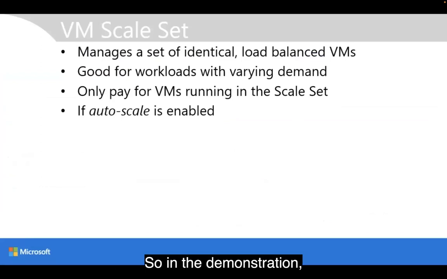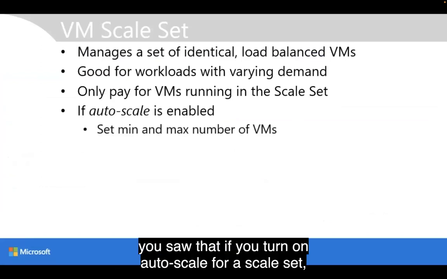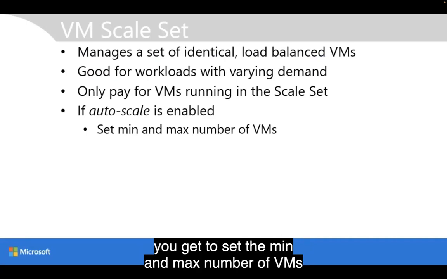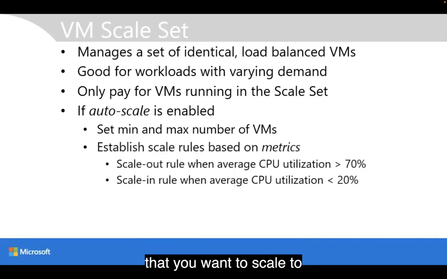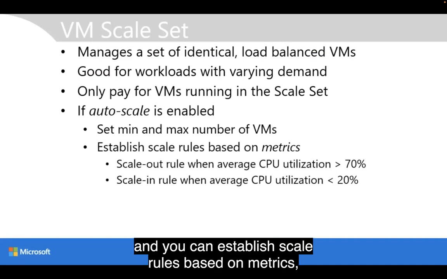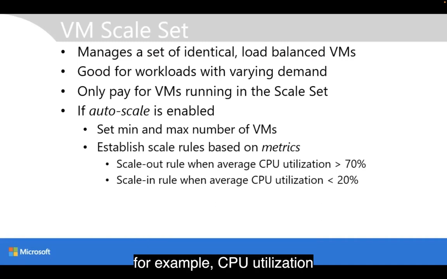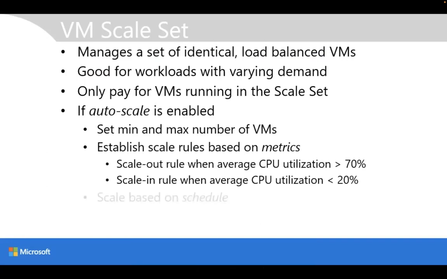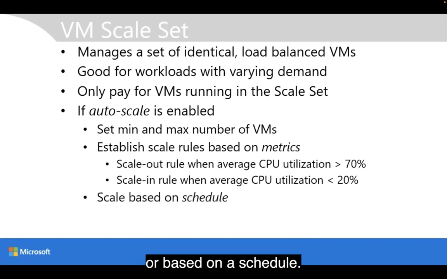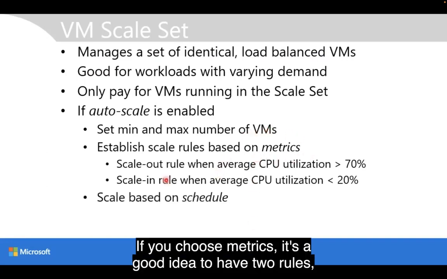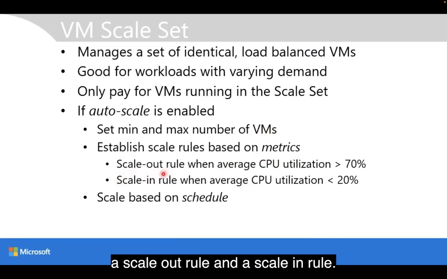So in the demonstration, you saw that if you turn on auto scale for a scale set, you get to set the min and max number of VMs that you want to scale to, and you can establish scale rules based on metrics, for example, CPU utilization, or based on a schedule. If you choose metrics, it's a good idea to have two rules, a scale out rule and a scale in rule.